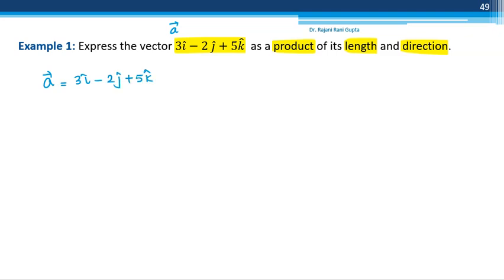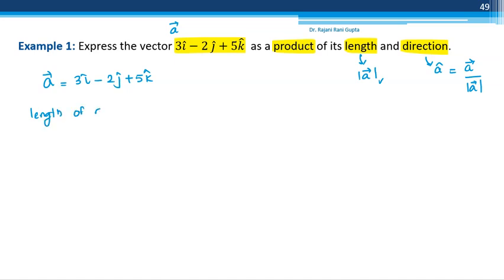I want to express it as a product of length and direction. We know that length is given by the magnitude of A and direction is given by the unit vector A. And how do you find unit vector A? It is the vector divided by its magnitude. So let's start first by finding the magnitude or length.